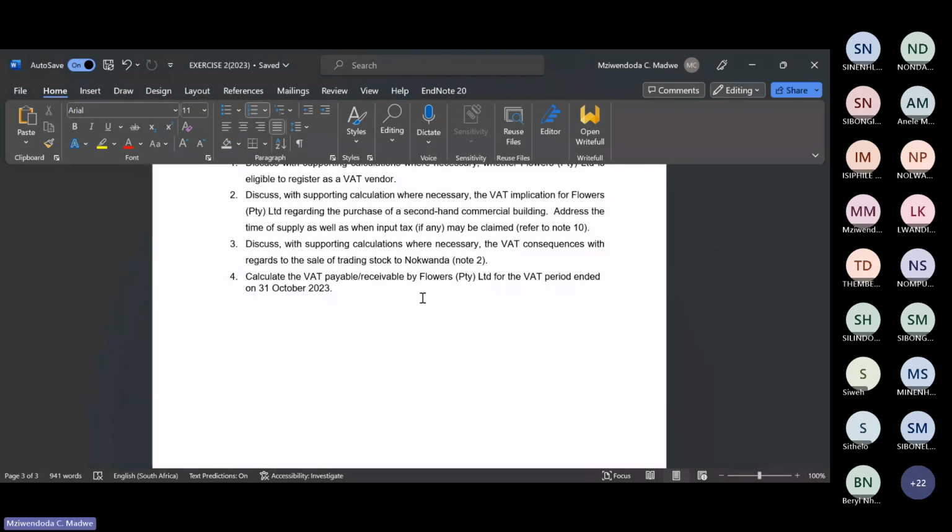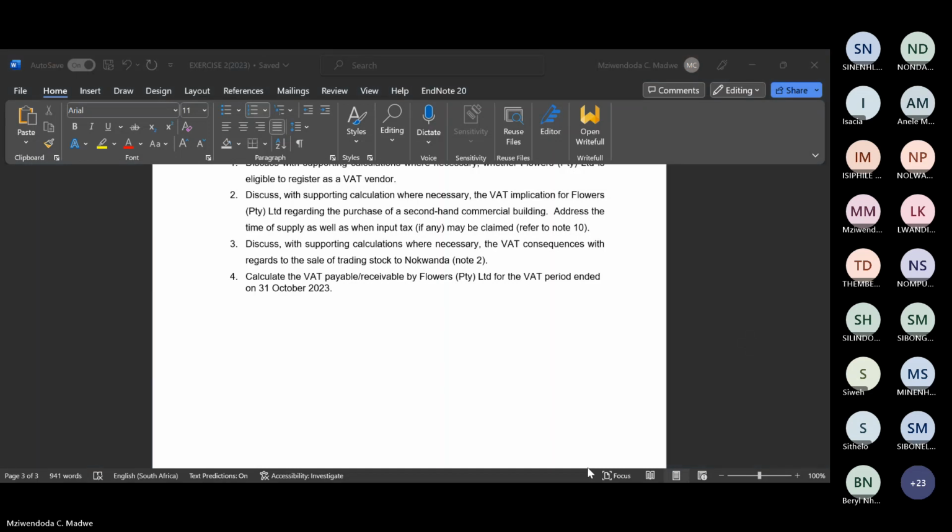Okay, so before we go to the details of this note, what I want to highlight here is that Nogwanda and Flower are connected persons.